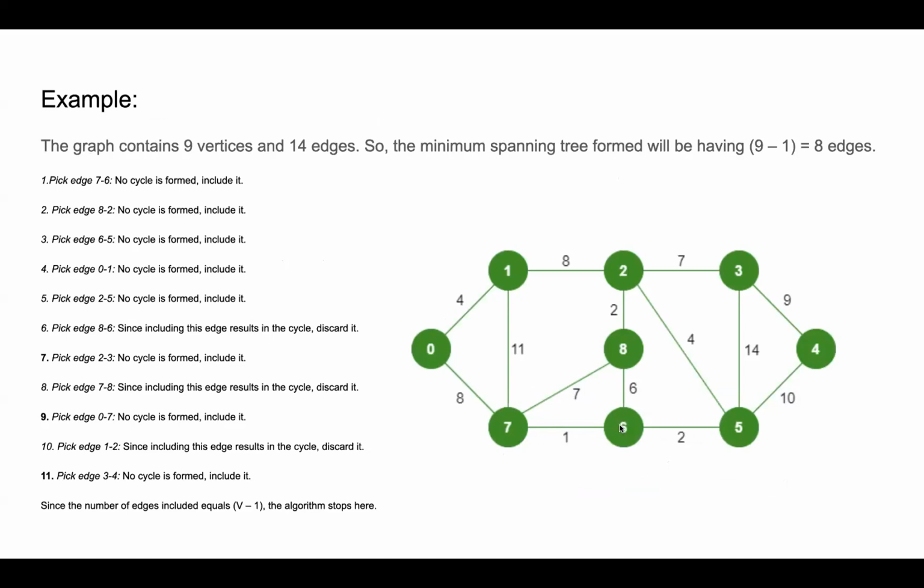First it took 7 to 6, which came as 1. Then 6 to 5, which is 2, and 2 to 8, which is also 2. Then what is next? Next is 4. 0 to 1 is there, and 2 to 5 is also there for value 4.